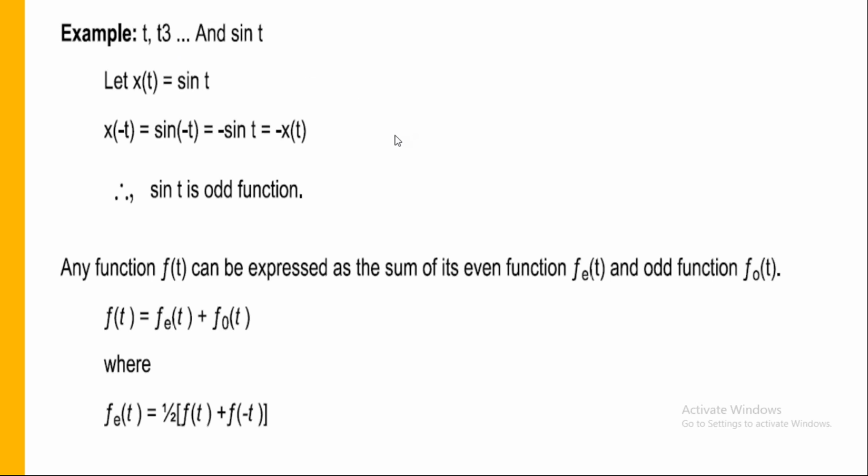You know why? Sine of minus t, you can write as minus sine t. Sine of minus theta, you can't write as sine theta, you write it as minus sine theta.